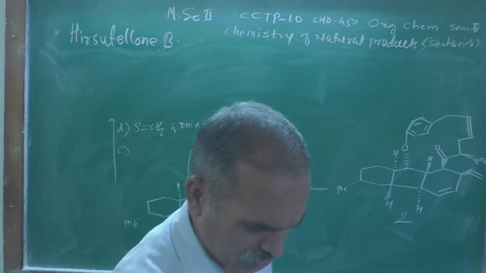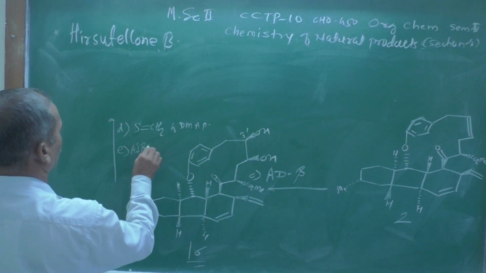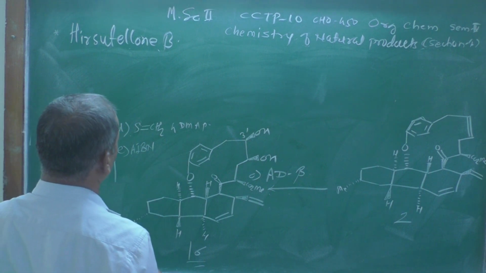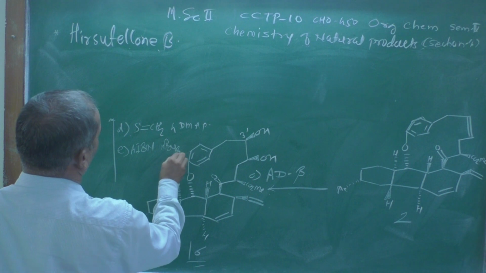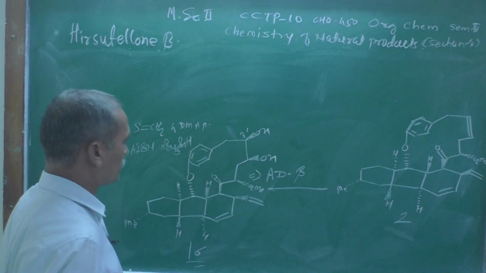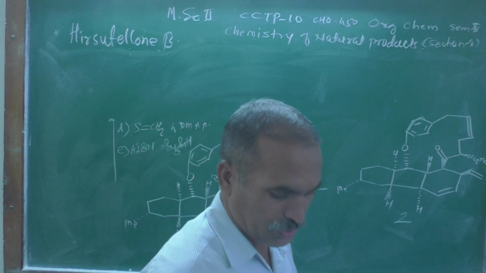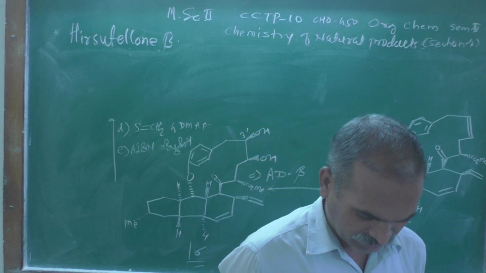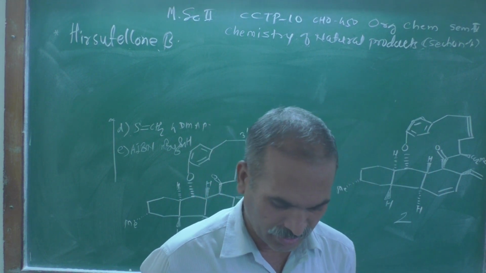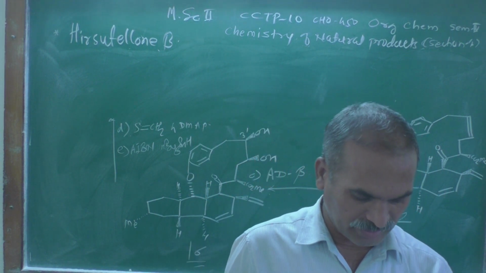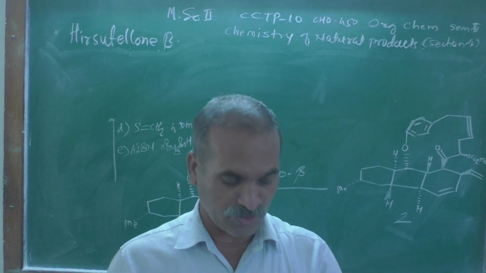Which reagent is used? AIBN, azoisobutyronitrile, and nBu3SnH. This reagent is generally used in Barton type radical reactions, to generate a free radical so that attack is possible.